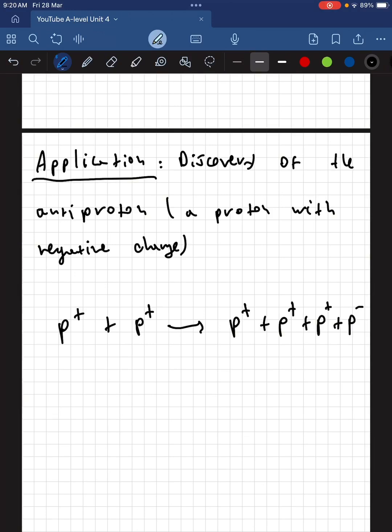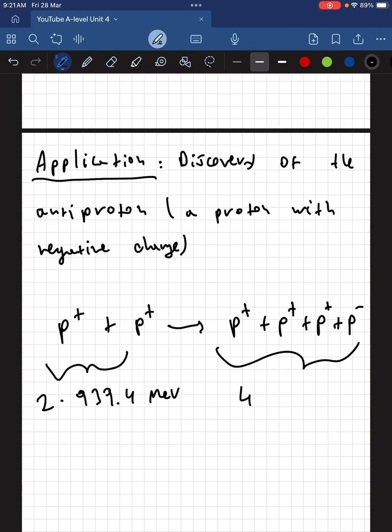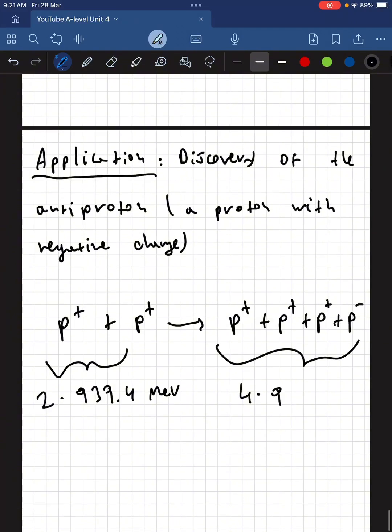Yes, because we have 2 charges before and then 2 charges after, because the positive and the negative charge kind of cancel here. So this is a possible reaction. But in terms of masses, we are dealing with 2 protons before that have a rest mass energy of 939.4 MeVs each, and after we have 4 protons, so 4 times 939.4 MeVs.